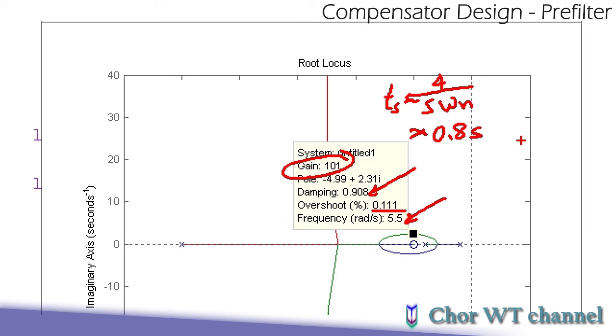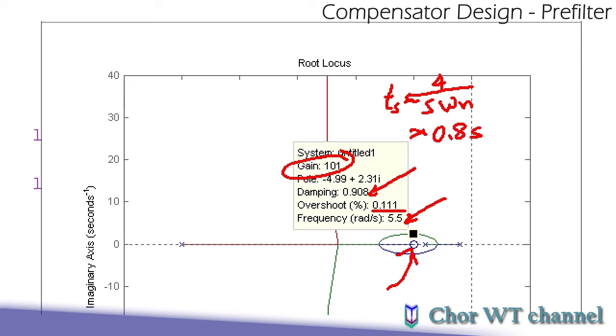I mentioned that this is an approximated value simply because now we are looking at a third order compensated system, and also we have this zero, which is the actual reason why I want to introduce this video, because the existence of a zero here will adversely affect our computation or estimation of the transient.